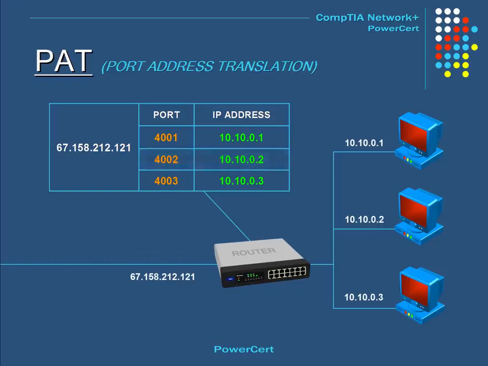This is done so that external data packets from the internet know which computer on the private network they want to talk to. So for example, if a device outside this network wanted to communicate with a computer on this private network, the IP address along with its port number will be translated by PAT to find the correct computer.